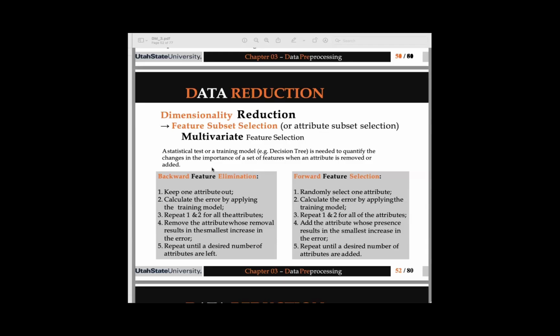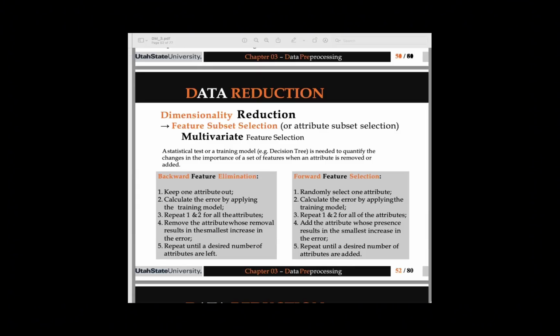Backward feature elimination is when I keep one attribute at a time. Let me share my whiteboard for a second and try to explain this to you. Let's say that I have a feature space, and I have many attributes, so let's call them features: F1, F2, all the way to FM.